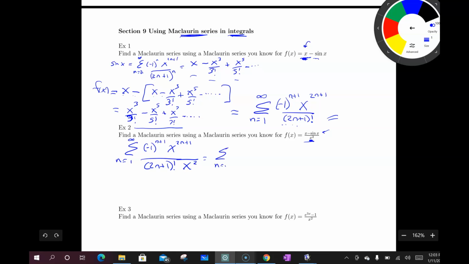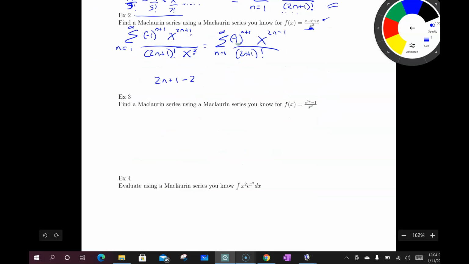So let's simplify our x's. So join those together. It's a negative, there we go. Okay. 2n plus 1 factorial. Put this up here, so I get 2n plus 1 minus 2 for the exponent, right? So 2n minus 1.